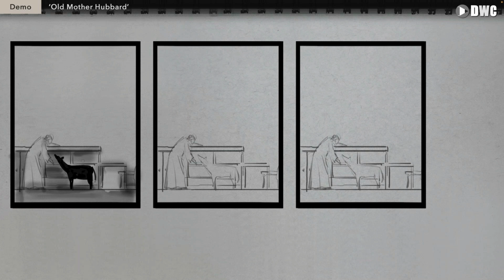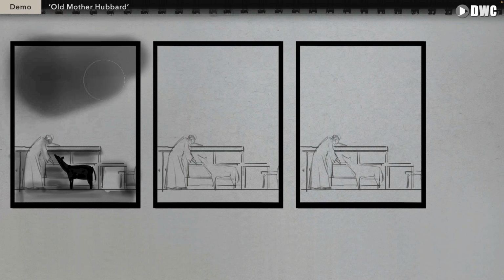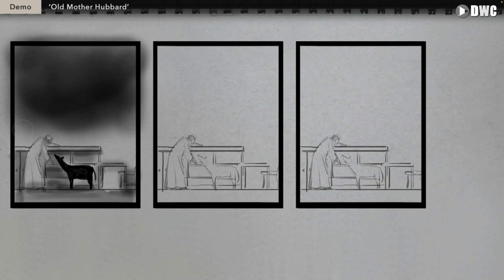Empty cupboards. Oh boy. The woman's in white. My old Mother Hubbard has white hair. And this big, depressing emptiness looming over them. Oh, that is sad. Feels like a big cloud. Might be a little too dark. Let's see.